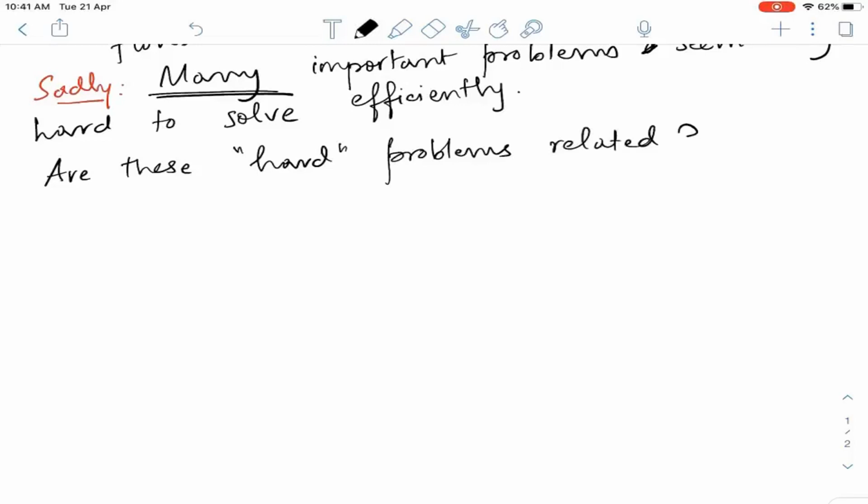Okay, so that is the moot question in this topic. In other words, it concerns classifying problems according to computational hardness.